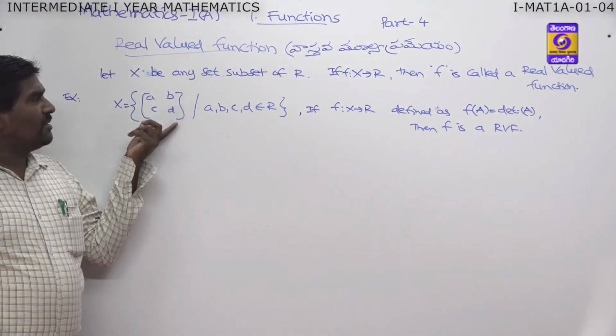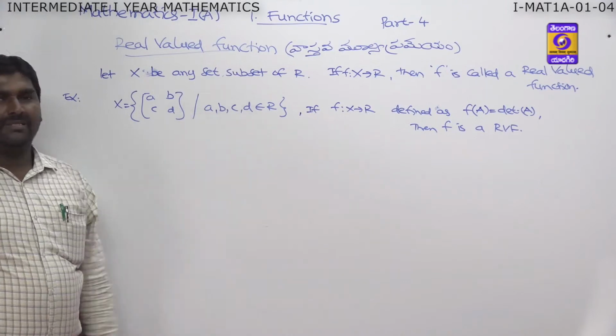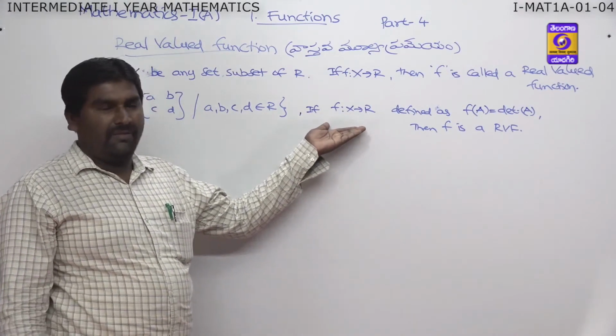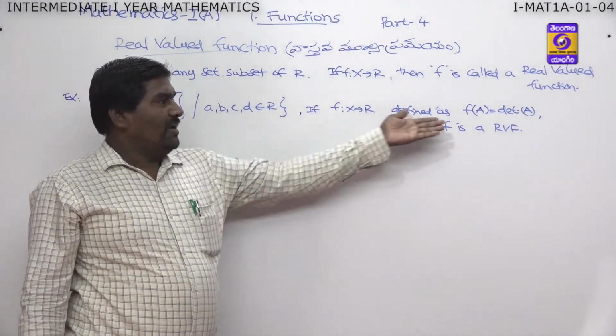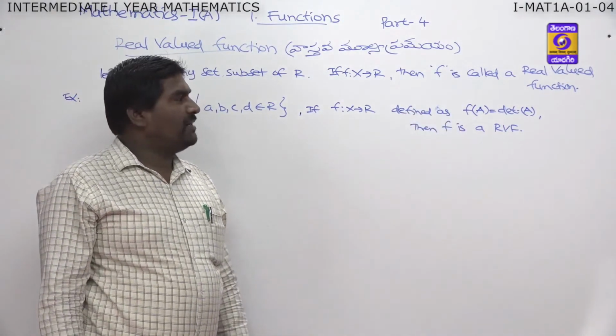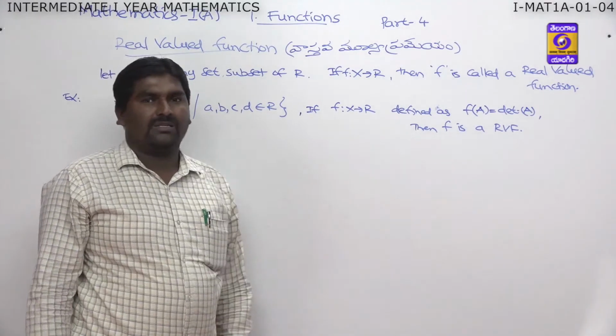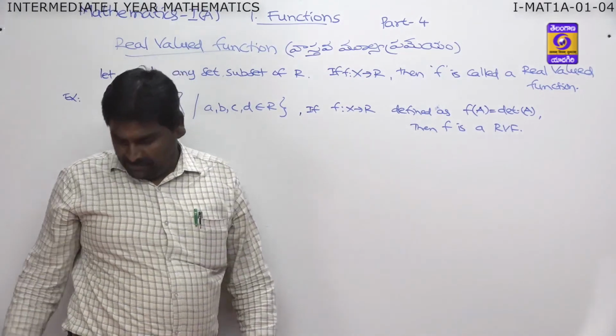ABCD అనే ఒక చతురస్ర మాత్రికను కలిగి ఉంది. ABCDలు వాస్తవ సంఖ్యా సమితి R కు చెందుతాయి. ఏదైనా ఒక ప్రమేయం f ను x నుంచి R కు f of a is equals to determinant of a అని నిర్వచించినట్లయితే f అనేది వాస్తవ మూల్య ప్రమేయము అవుతుంది.